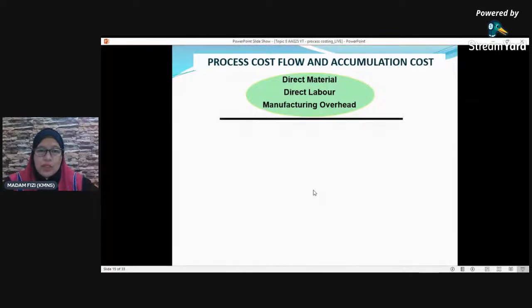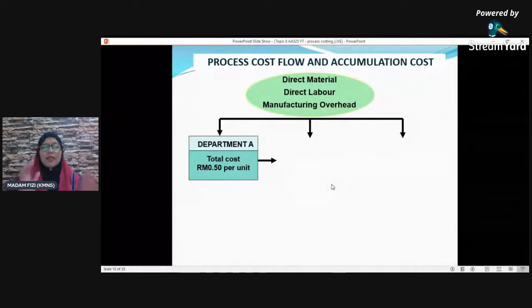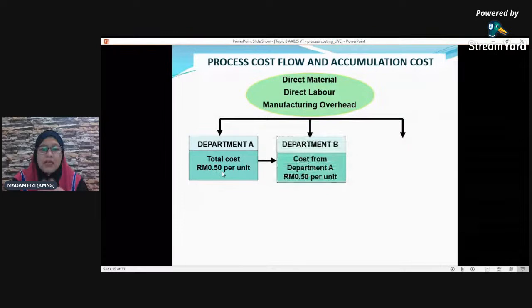Kita nak tengok apa? Okay, kita start dengan the 3 item ya. Direct material, direct labor and manufacturing overhead. Okay, so in department A, let's say cost yang kita buat kerja in department A is 50 cent.